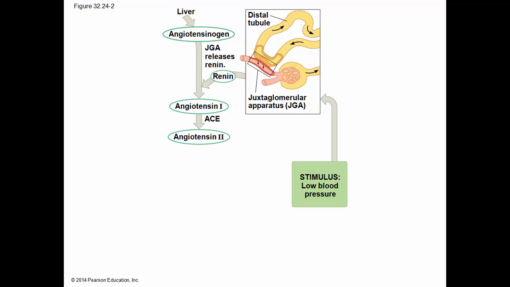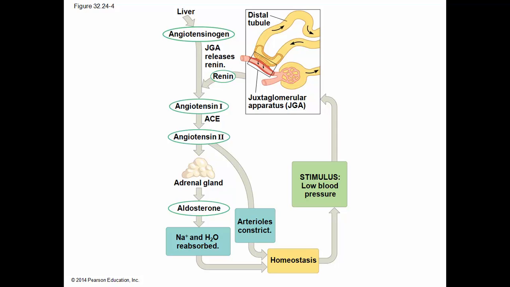Okay, so a secondary regulatory mechanism acting on kidneys is the renin-angiotensin-aldosterone system, or RAAS. The RAAS involves the juxtaglomerular apparatus, a specialized tissue consisting of cells of and around the afferent arteriole, which supplies the blood to the glomerulus.